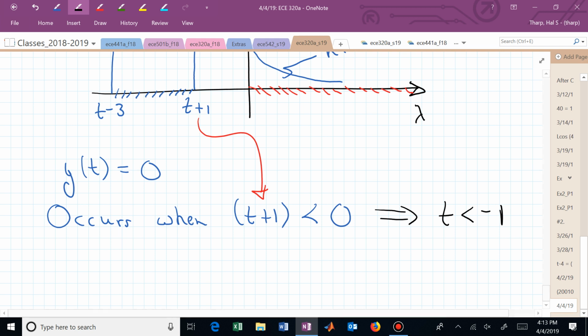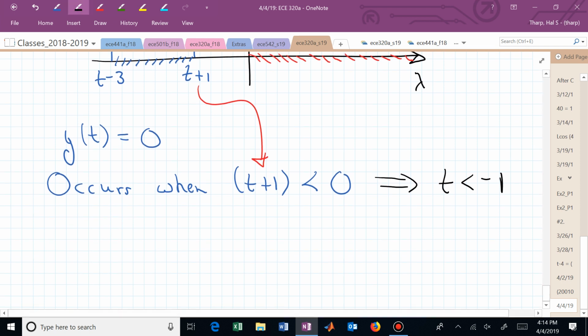And is that what we said before? We said if we apply an input at t equal to minus 1, when do we start seeing it? We didn't say minus 2. We didn't say minus 5. We said, oh, it's going to happen after t equal minus 1. So this is consistent with what we expected. We shouldn't see an output before t equal minus 1.